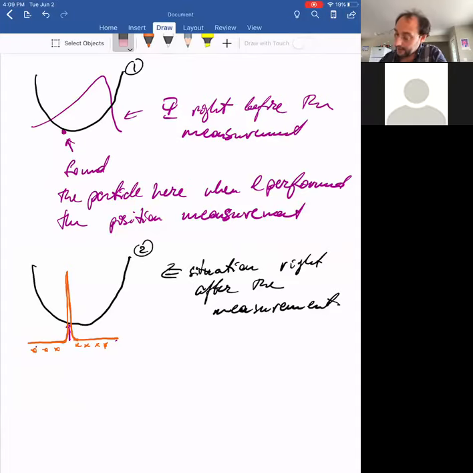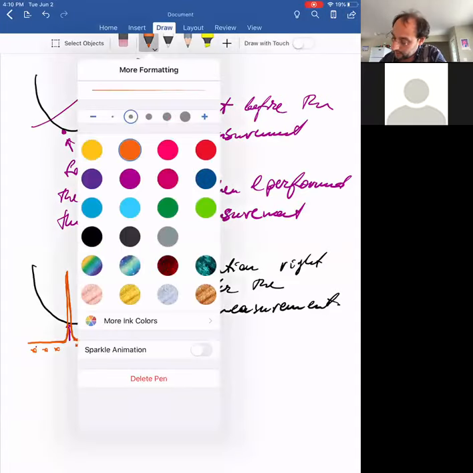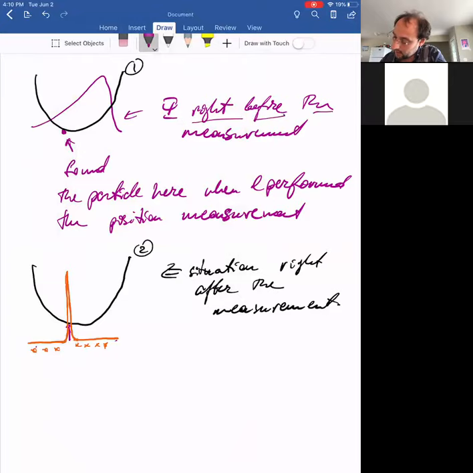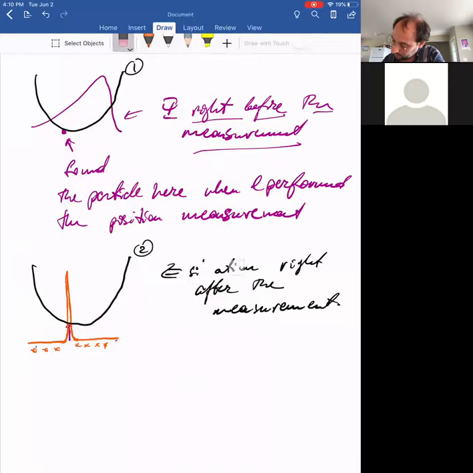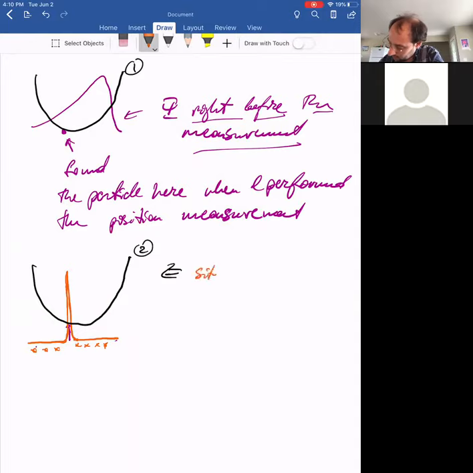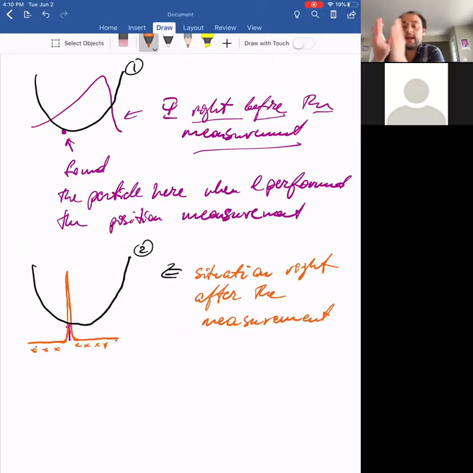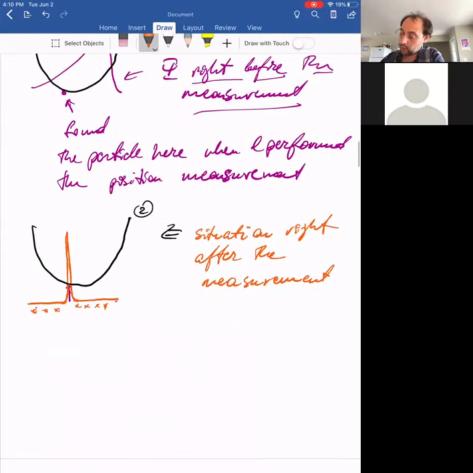So look, this is right before the measurement. This is the situation right after the measurement. So in that instant when you've performed the measurement, the wave function collapsed. This is called wave function collapse.